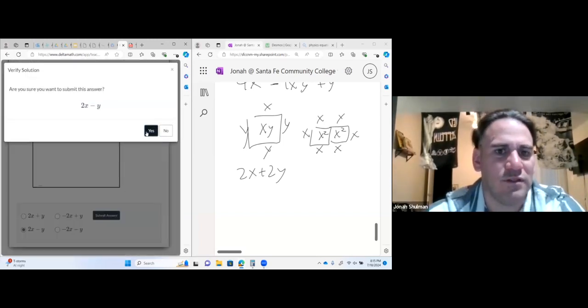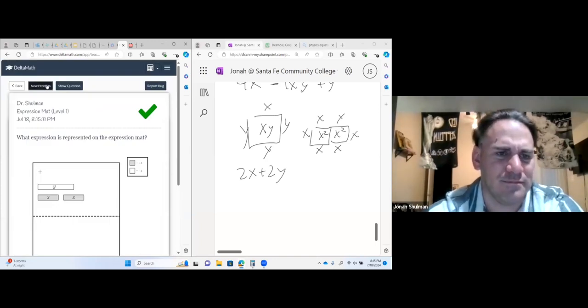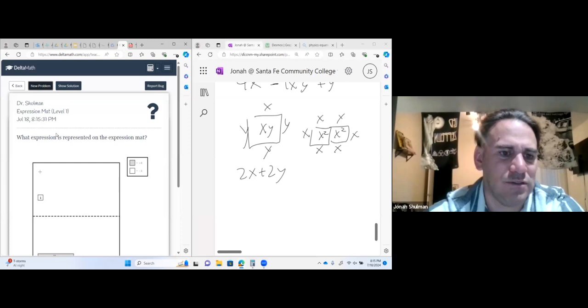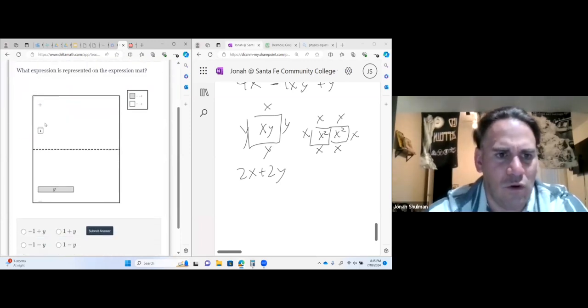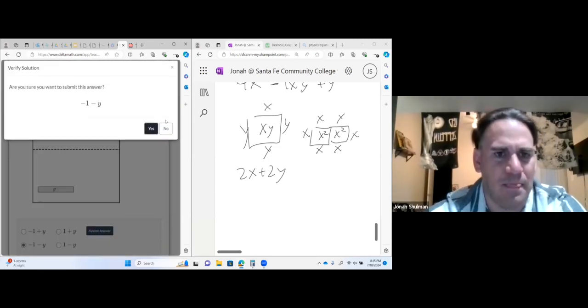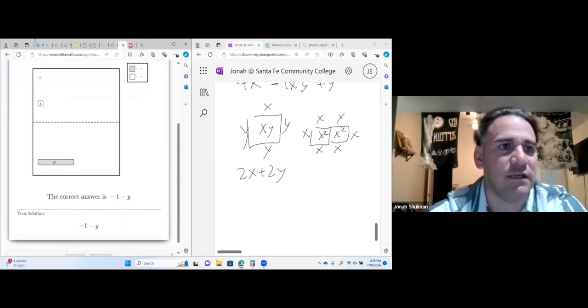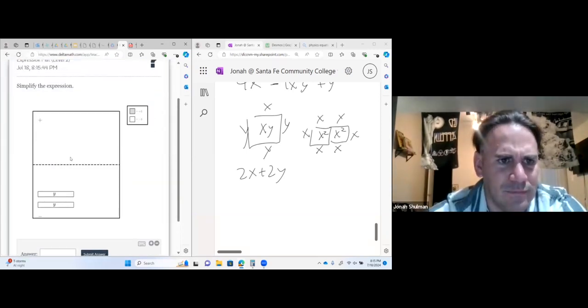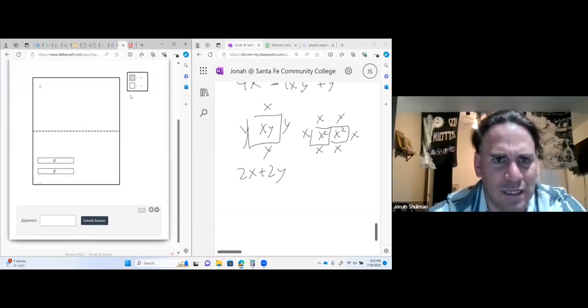Now let's do another one on this mat. Give me one that has one on both sides. Okay. Sorry, it's negative y minus 1. Negative 1 minus y. Oh, there's a level 2. Okay, let's get on the mat for level 2. 2 minuses.